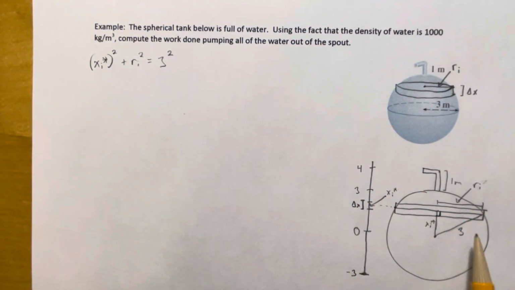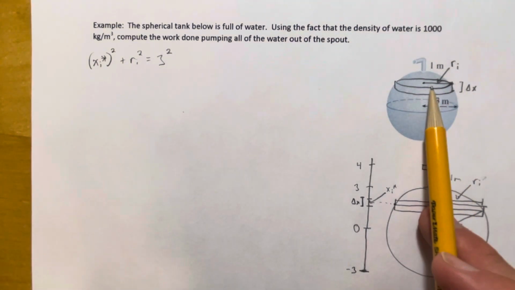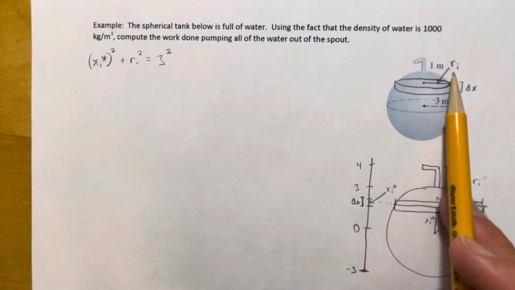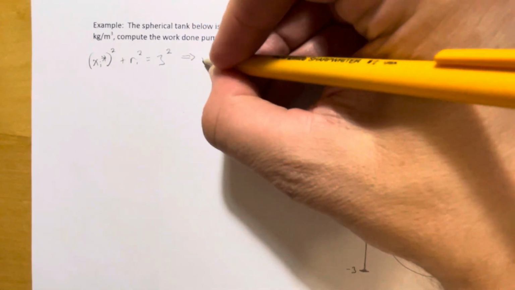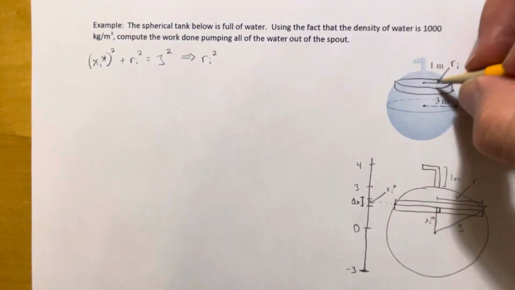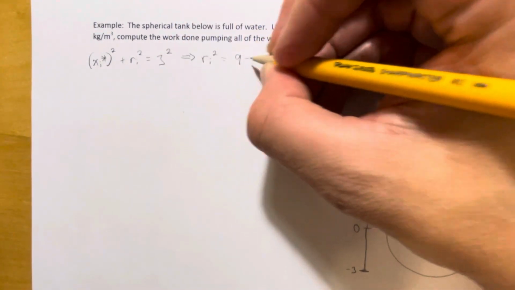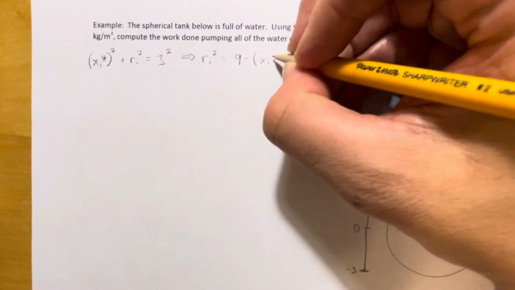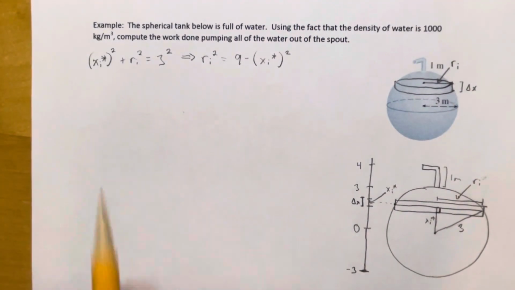That's the Pythagorean theorem on this right triangle right here. And remember, because I'm looking for a way of determining the volume of this cylinder, I need to solve for Ri. Or it turns out I actually really just need to solve for Ri squared. I don't even need Ri, because the formula will involve Ri squared. From here, I can see that that would equal 9 minus xi star squared. Just solving this for Ri squared.